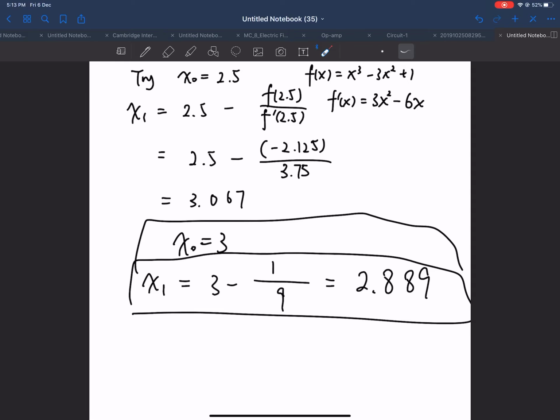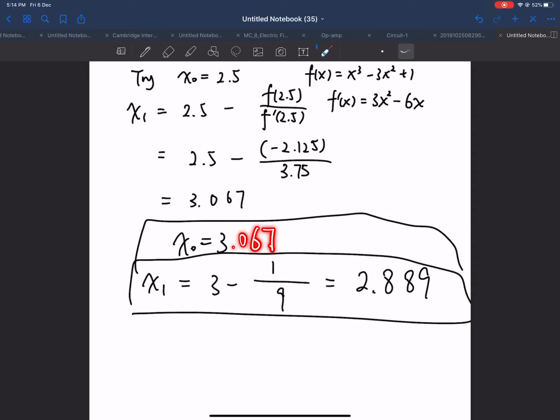If we choose 2.5 as the first guess, and we get 3.067, do we just cross that working out? Can't we just continue with 2.5? Why not use 3.067 to repeat Newton's method?